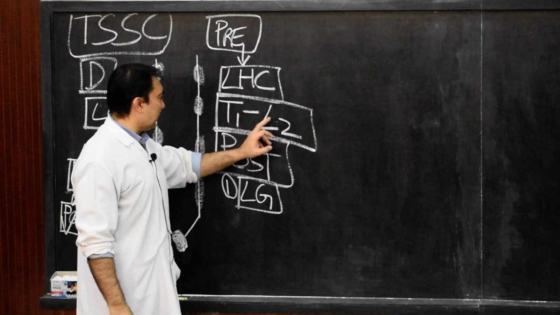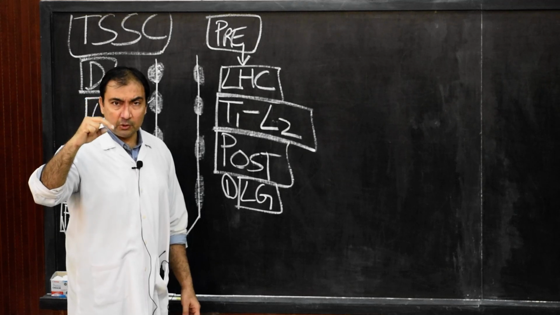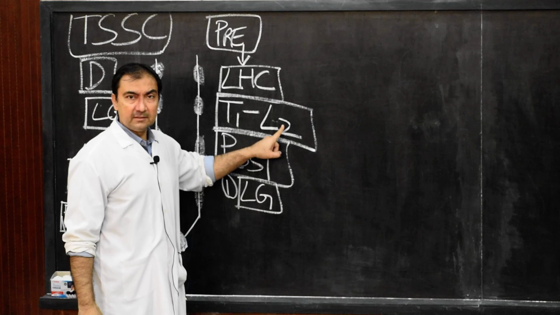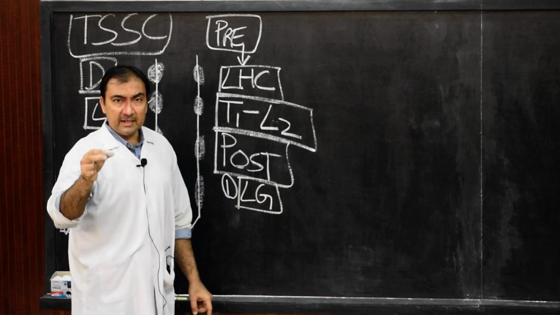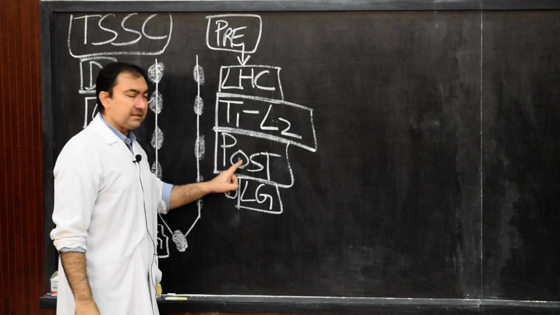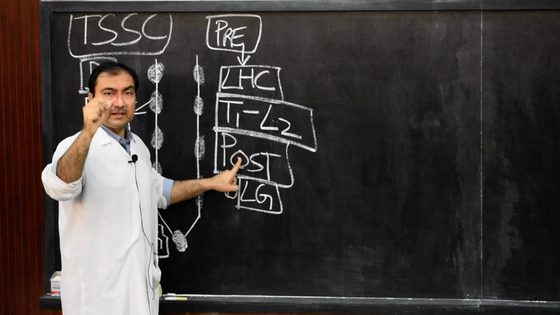So from T1 to L2, whatever ganglia are located at these levels, from first thoracic to lumbar second level, all these lateral ganglia will contain the postganglionic neurons of the thoracic sympathetic chain.